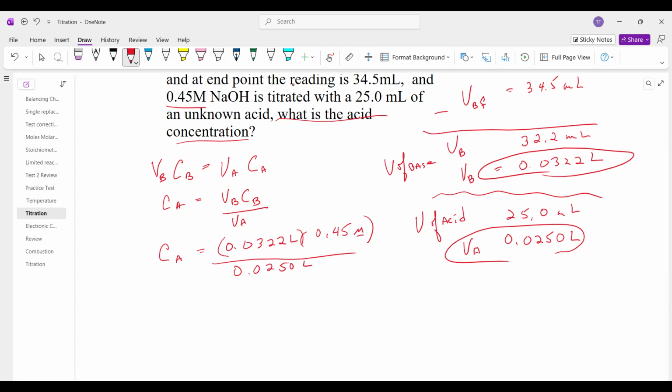Liters cancel, leaving us a concentration. Now it's going to be two sig figs because of the 0.45.